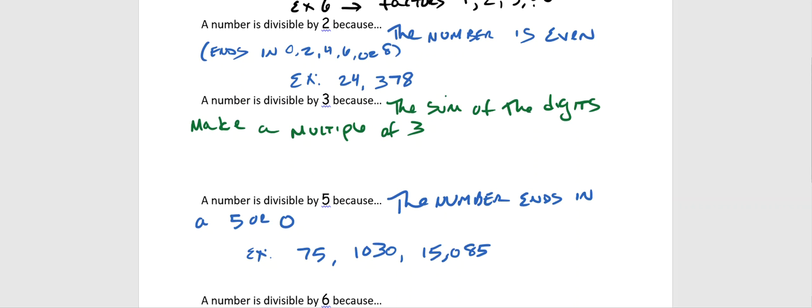Now don't forget, sum means to add, and a multiple means that 3 will go into the number. So here's an example. I have something like 153. So if I take the 1 plus the 5 plus the 3, that equals 9. I know, therefore, since 3 goes into 9, 3 goes into 153.